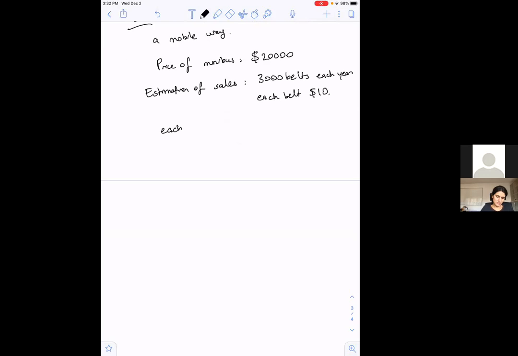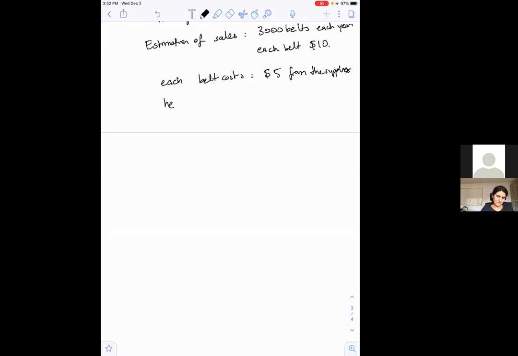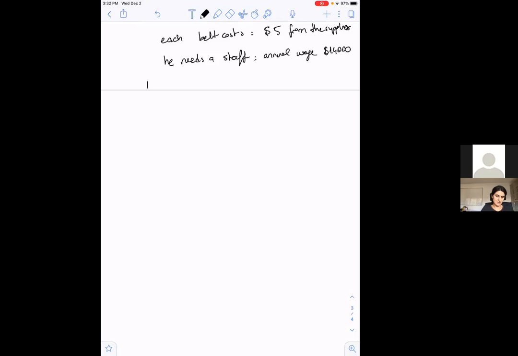Each belt costs $5 from the supplier. He also needs staff, and the annual wage for the staff is $14,000. And we're going to calculate, is he going to make profit?